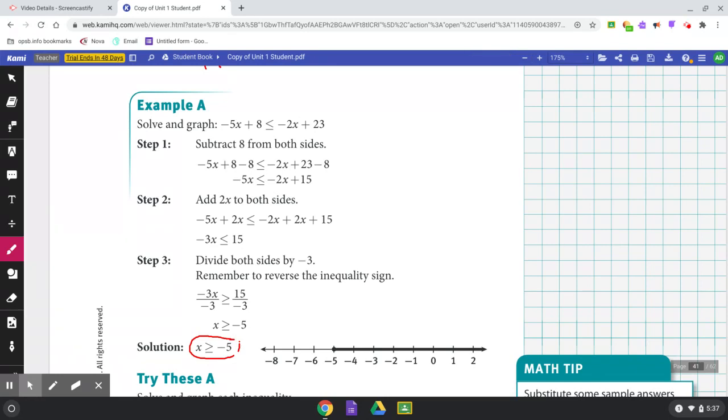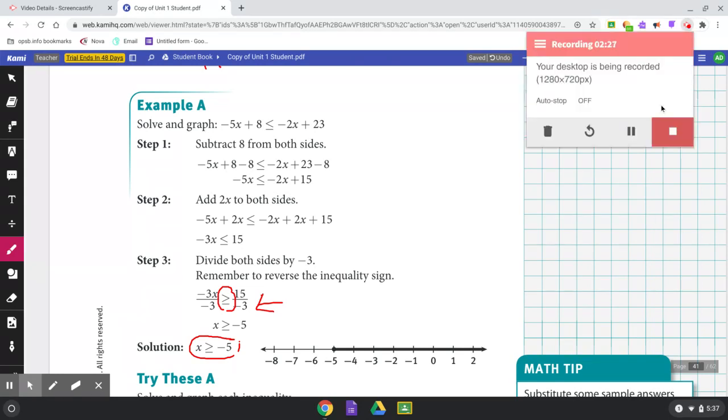Now remember, in this problem, you are going to divide by a negative number, which means your inequality sign is going to flip from, oh, that's a typo, isn't it? Let me pause this and look at it for a second.